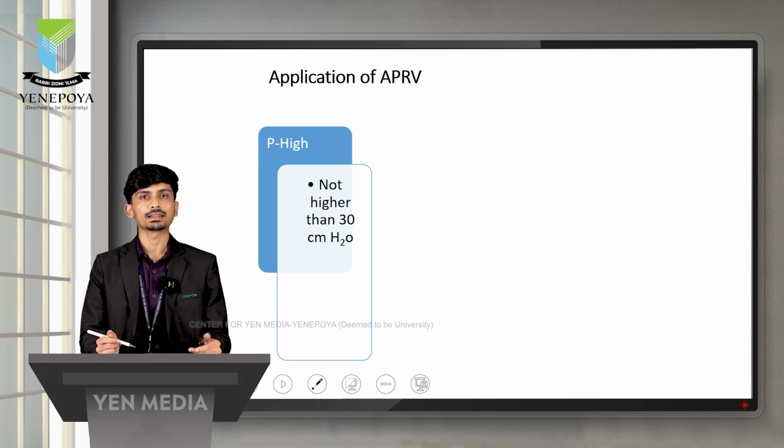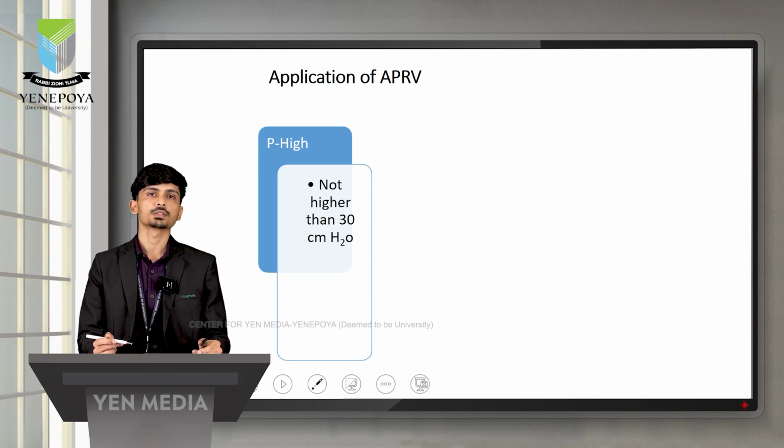If the patient is currently on, let's say, assist control mode of ventilation, specifically volume control mode, and you want to switch over to APRV, you just have to give an inspiratory pause, then you will get a measured value, that is the plateau pressure. However much that plateau pressure is, you keep that as your P high. Let's say when you gave the inspiratory hold and the patient is on volume control, you observed a plateau pressure of 28 centimeter of water, you will keep that as your P high.